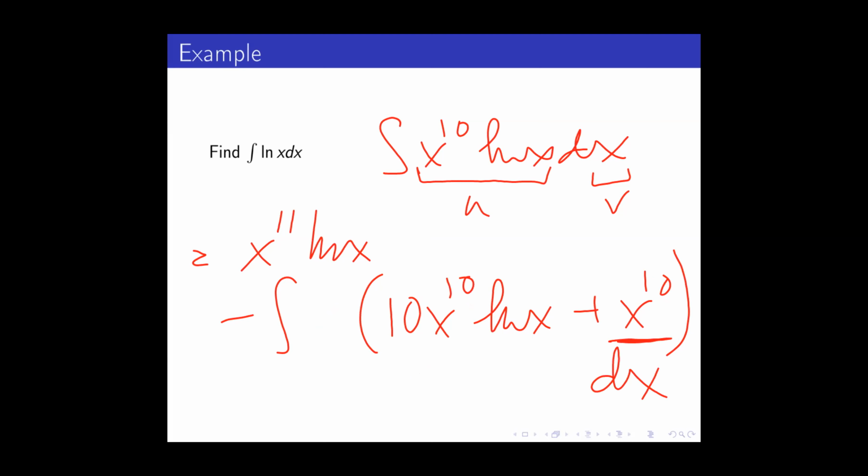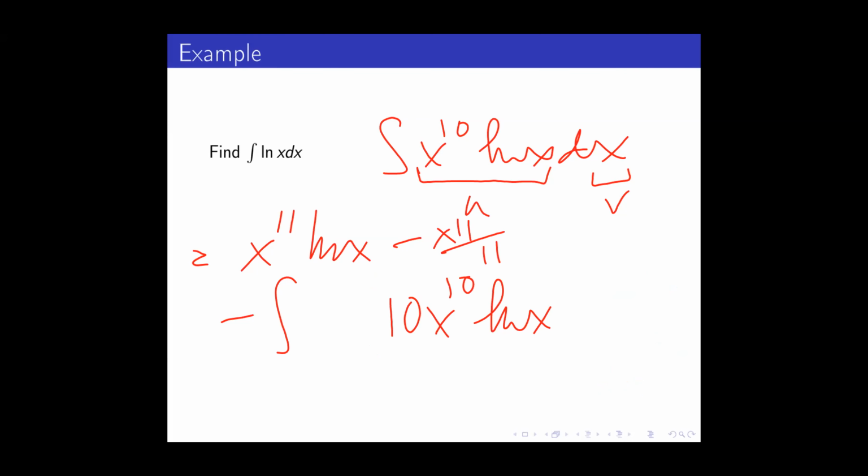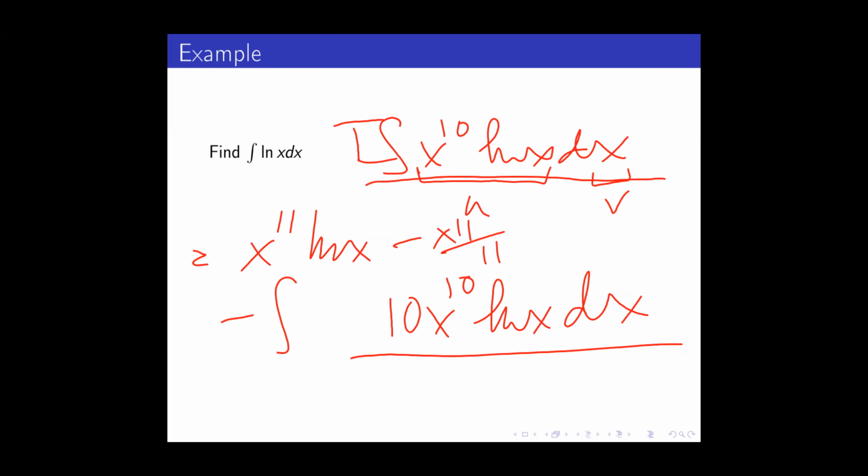So minus of x to the power 10, the antiderivative is minus x to the power 11 over 11. So I will erase this. So what we're left with is this one. But this is exactly what we started with. So if we call this I, then this is minus 10I.